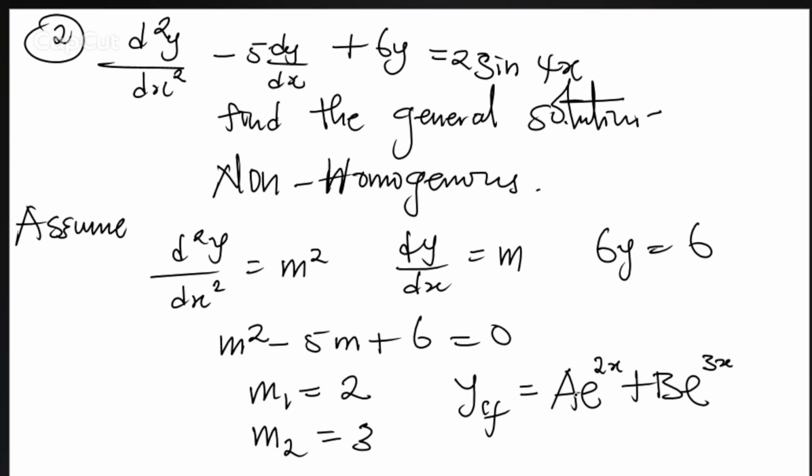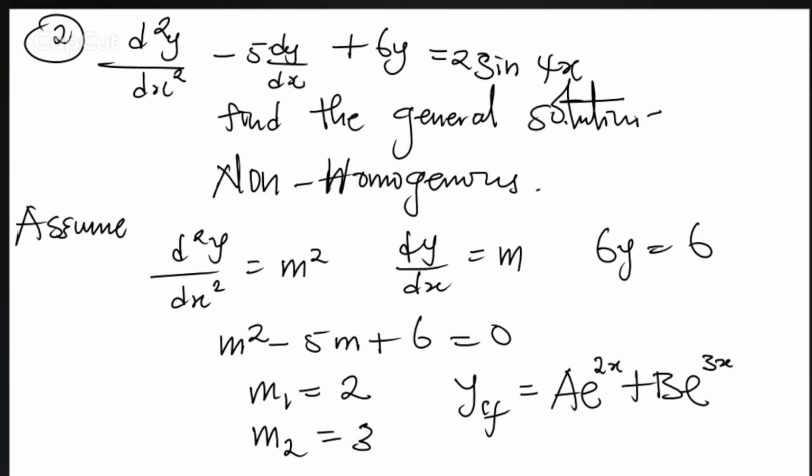The next thing is to get your particular integral from your given equation. Are we together? Now, I told you that for you to get your particular integral, you introduce an equation that is similar to the equation given to us. Remember, we are given a trig function. So the equation we are going to introduce will have a trig function, similar to what we have here.